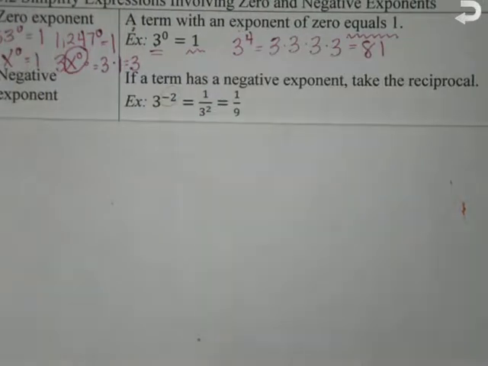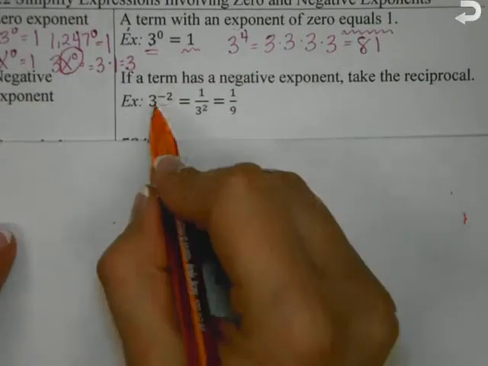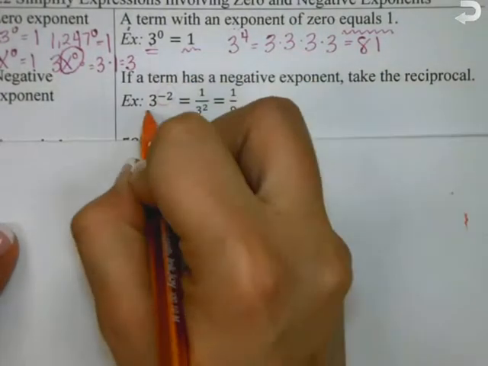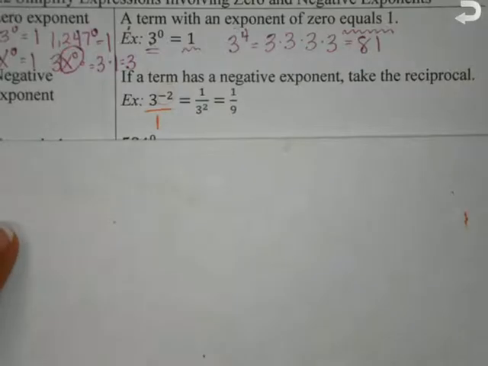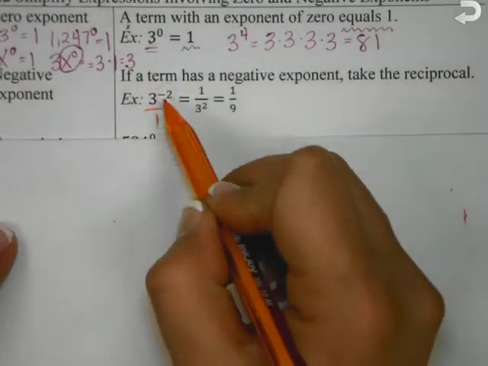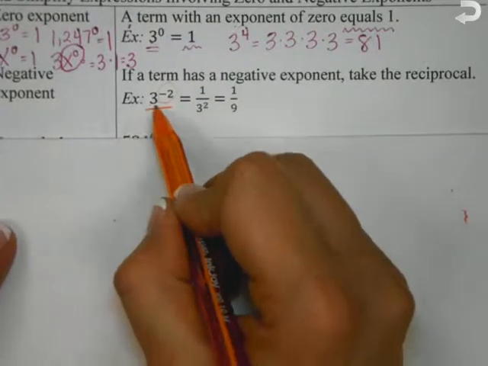If we look at the example I gave you, I write this over a 1 to make it a fraction. And I have 3 to the negative 2. That negative 2 is telling me the 3 is in the wrong spot.